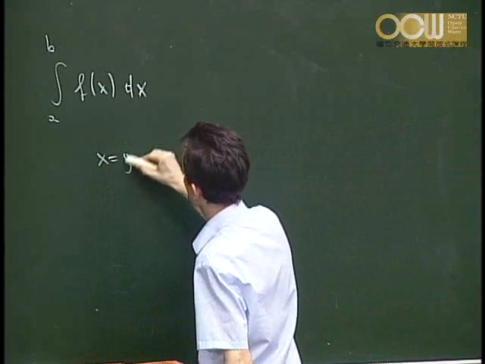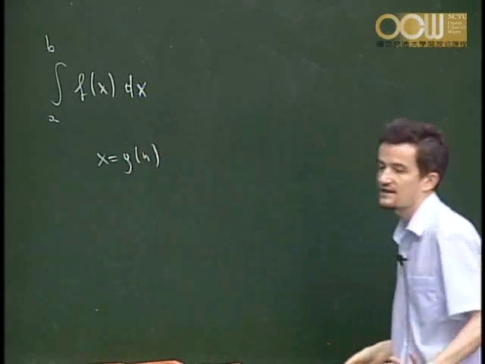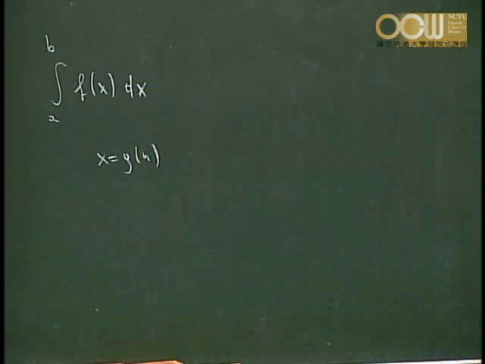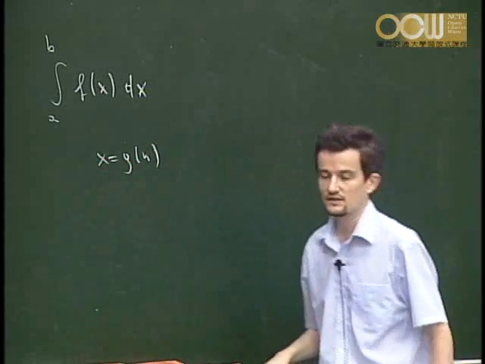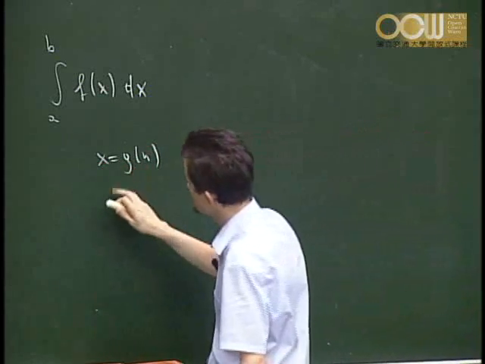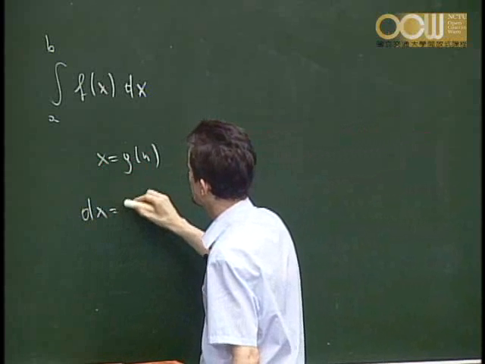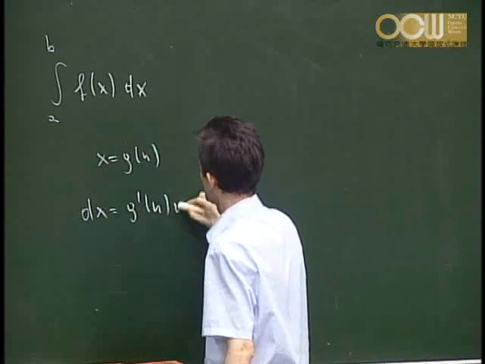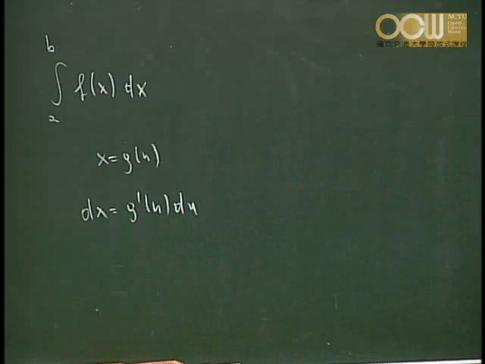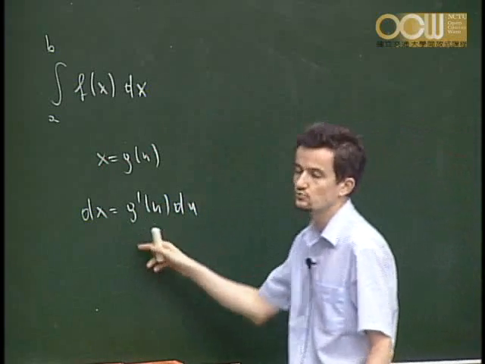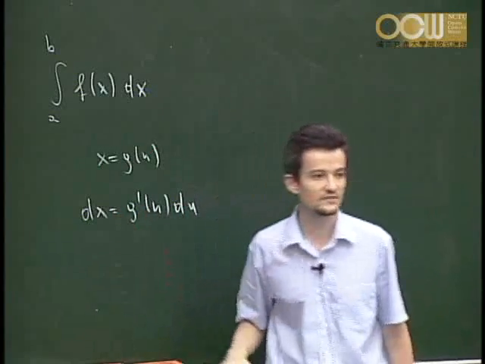So what we do is we replace x by some u, so we have some function, some transformation which maps u onto x, and if g satisfies some assumption, then we can replace dx by the derivative of g times du. So this was the rule, how to memorize the substitution rule.